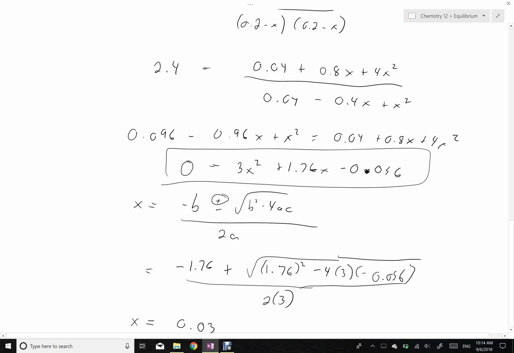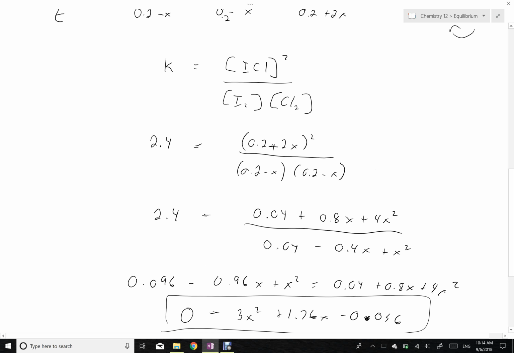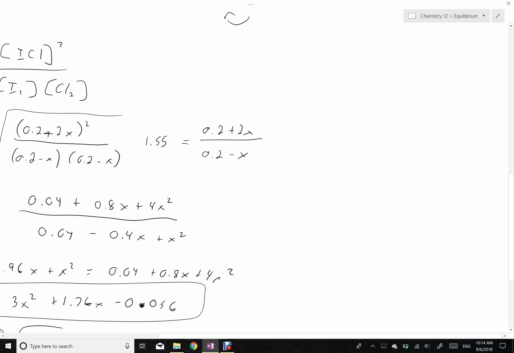I'm going to go back now to here and say I could have just square rooted both sides, and I would have ended up with 0.2 plus 2x over 0.2 minus x is equal to the square root of 2.4, 1.55, and then 1.55 times 0.2, 0.31 minus 1.55x is equal to 0.2 plus 2x.